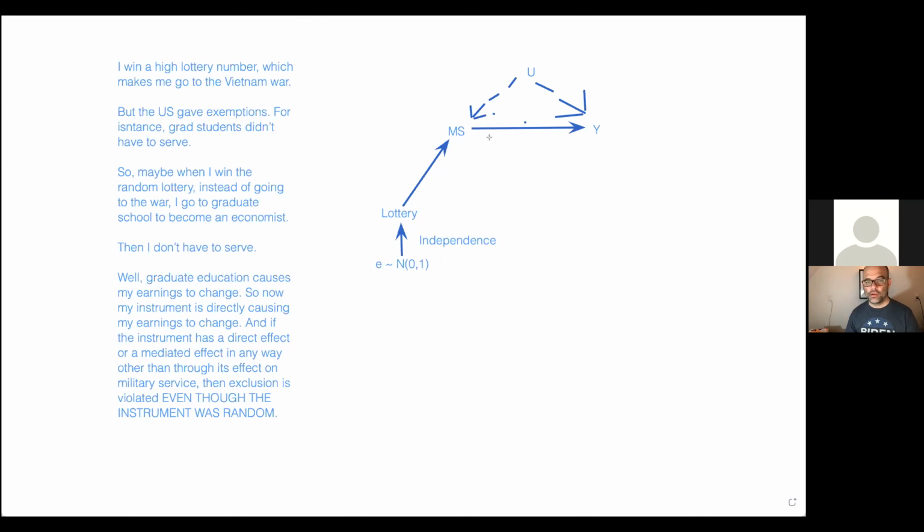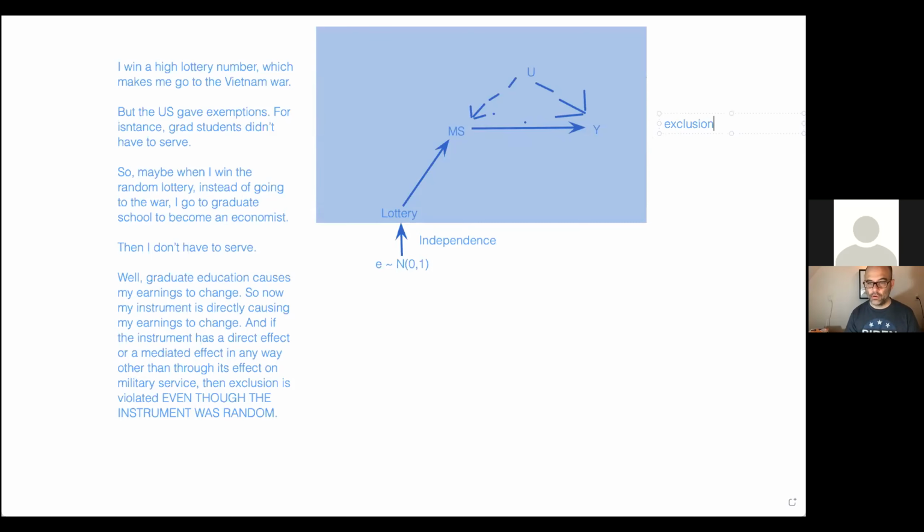This is exclusion. Exclusion describes this entire diagram, whereas independence describes just the instrument and not the instrument's effect on outcomes or confounders.